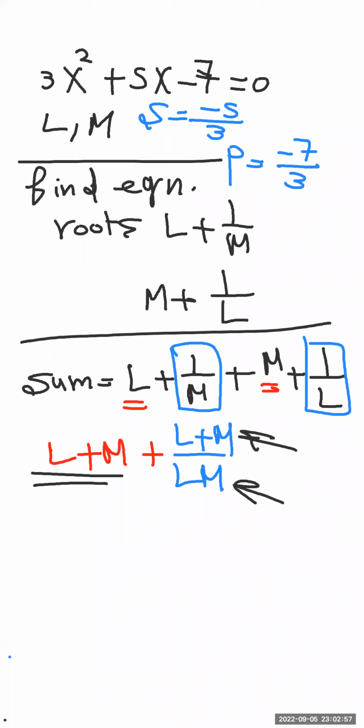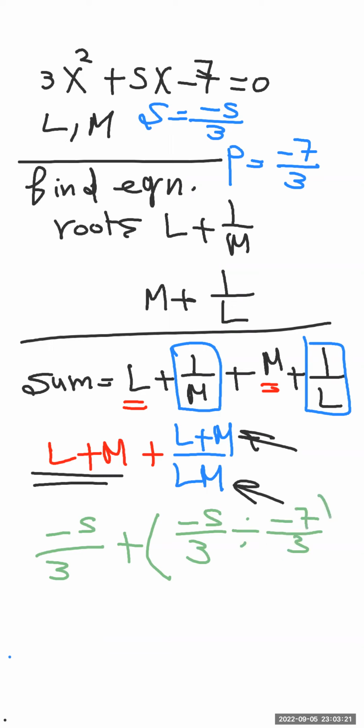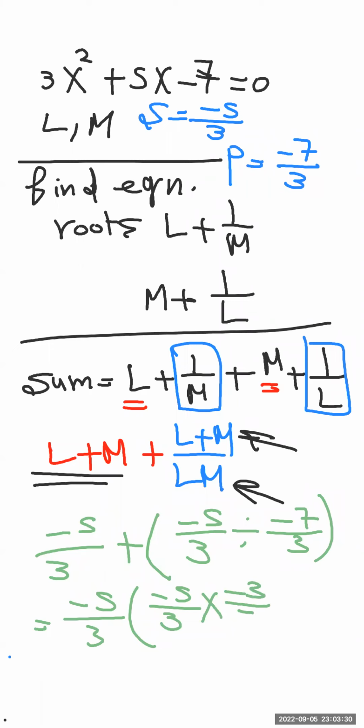So the sum will equal L plus M, which is negative 5 over 3, plus the sum over the product. The sum, negative 5 over 3, divided by the product, negative 7 over 3. So simply it will equal negative 5 over 3 times negative 3 over 7, which is 5 over 7.